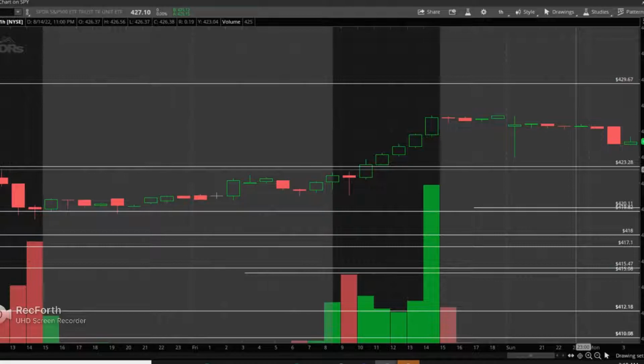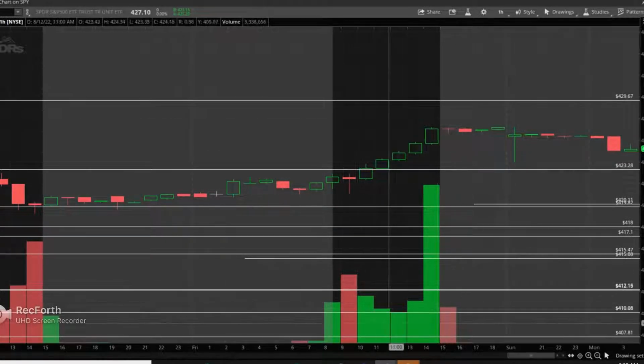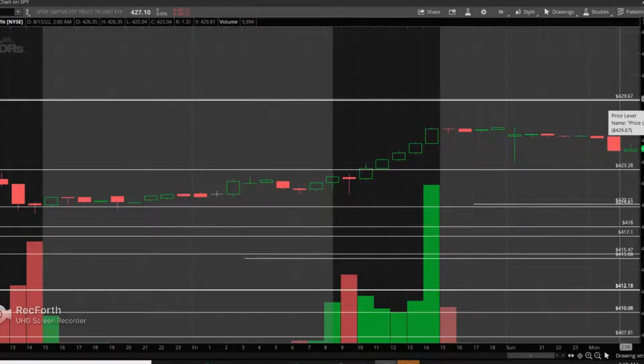So just by looking at this, I would look for it to break this 429 when it gets there. If it breaks through with volume, and as you can see, these are the volumes, I actually have the volume average on my other charts, but I'm going to watch it and see if there's volume.